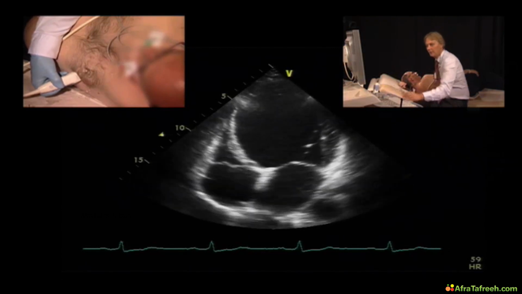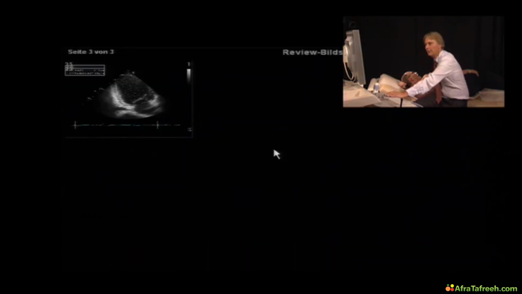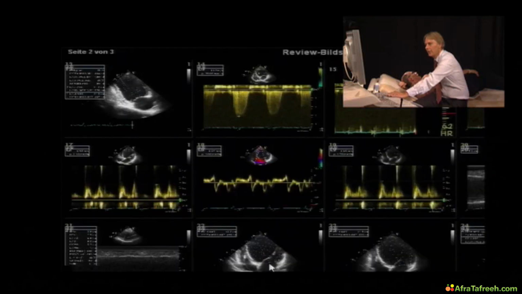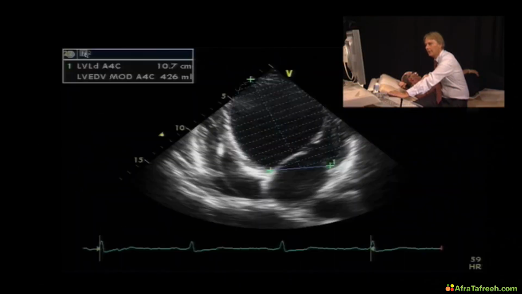The volume measurements can be performed by doing a planimetry of the left ventricle, starting with end diastole. I'll show you this. We would contour the left ventricle and then close the contour at the level of the mitral annulus. And here we got a volume of 426 milliliters for the 4-chamber view.